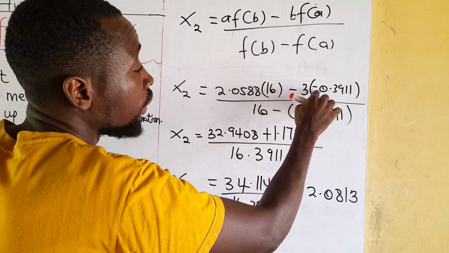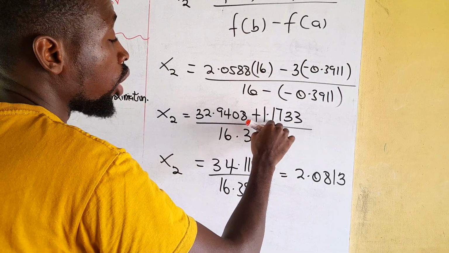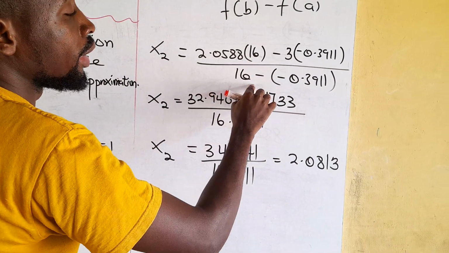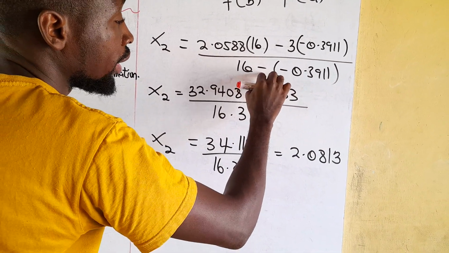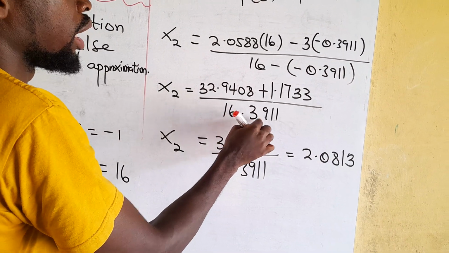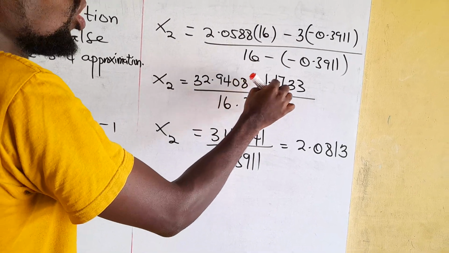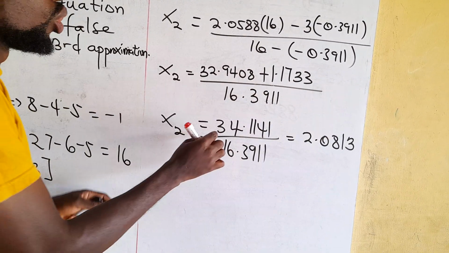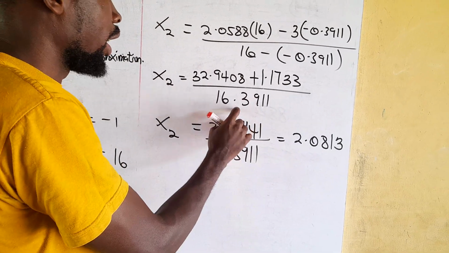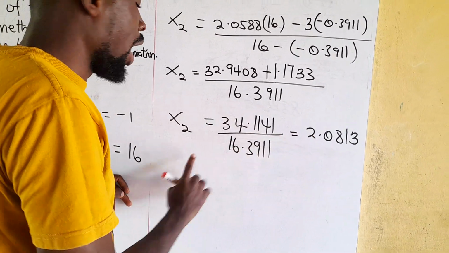Then -3 times -0.3911 will be plus 1.1733. Then the denominator, this is negative, so 16 plus 0.3911 will be 16.3911. When we add 32.9408 and 1.1733, we get 34.1141, then divided by 16.3911.